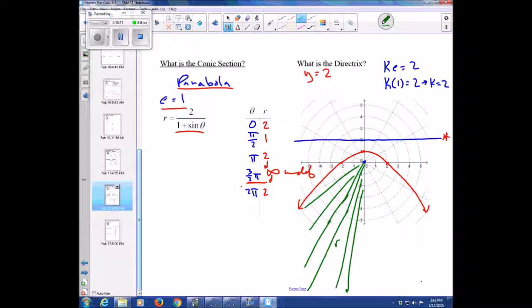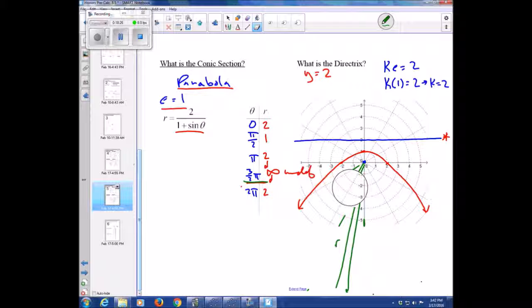And right here, we would essentially be undefined for the rotation of 3/2 pi, and then we'd basically be looking at those really large r values coming back on the other side of 3/2 pi. So we never actually get negative r values here, but we're getting r values that go out to positive infinity and then come back from positive infinity. And then right here, basically what we're seeing is those r values come back and end at 2 pi with an r value of 2.